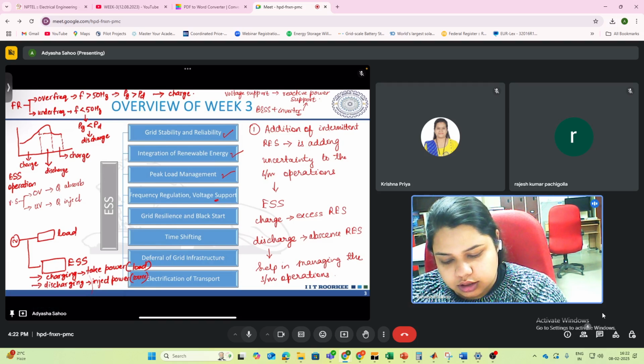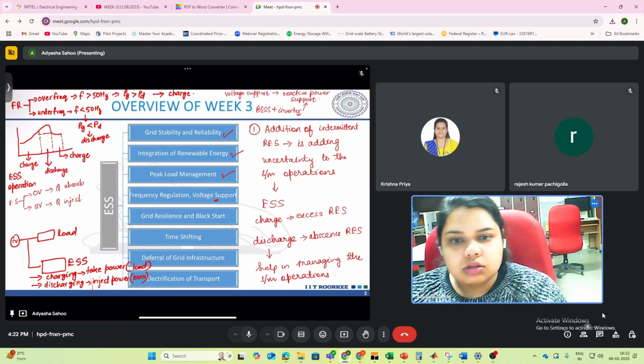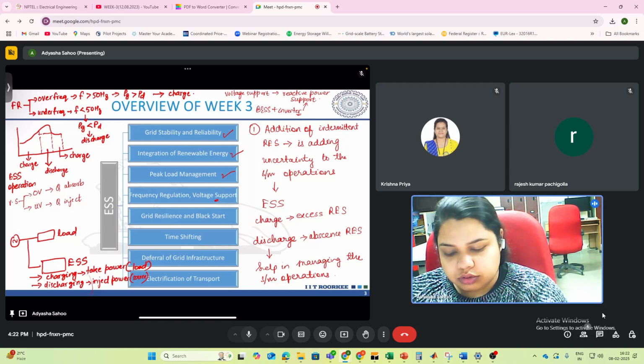Then next is grid resilience and black start. During any severe fault, there may be complete outage of the system. For black start, the crucial thing that we require is either black start generators, which do not require any startup power.